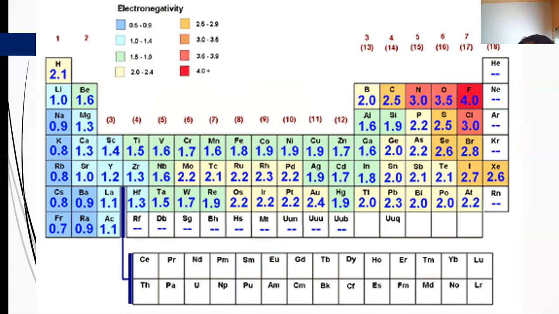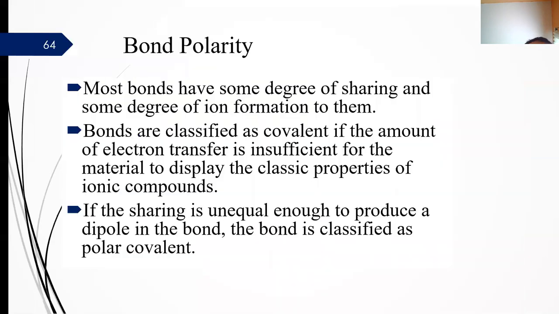The more polar it is, the more ionic it is becoming in character. The less polar it is, the more covalent it is becoming in character. Most bonds have some degree of sharing and some degree of ion formation in them, so that's their bond polarity. The more polarity we have, the closer to an ionic bond we are moving.